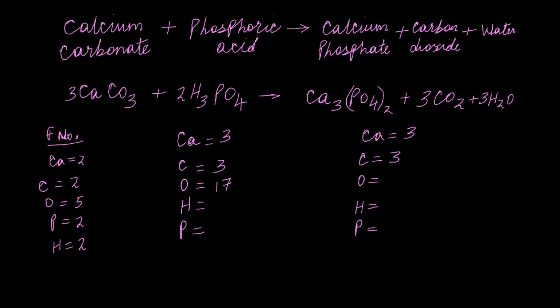Here 8 plus 6, 14 plus 3, 17. Hydrogen 6 and 6. I did everything correct except for one. Phosphorus 2 and 2. Even if one is not correct, your equation is not balanced. Everything must be the same on both sides. I accidentally wrote 6 instead.